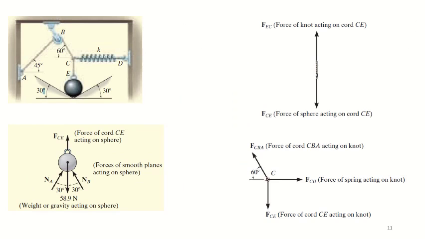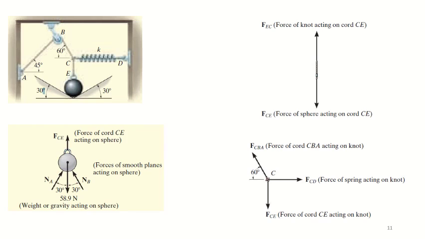So if you look here, this is the free body diagram of the sphere. You can see this is the weight of the sphere, this one is the force from this support, this is the force from this support, and this is the force due to the cord CE. For this force you know the direction and magnitude, so you mark them. But for these forces you don't know the magnitude, but you know the direction.